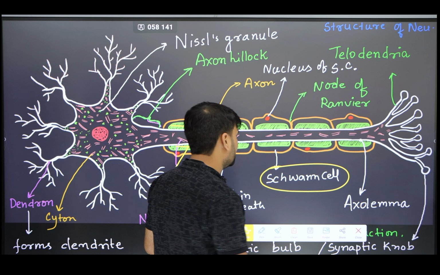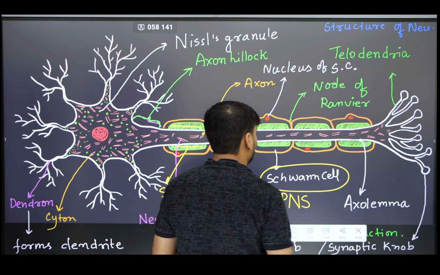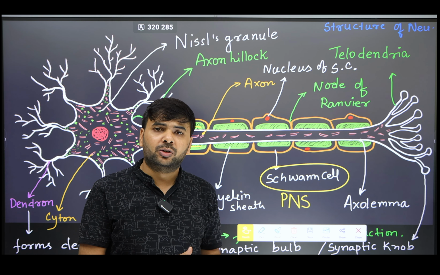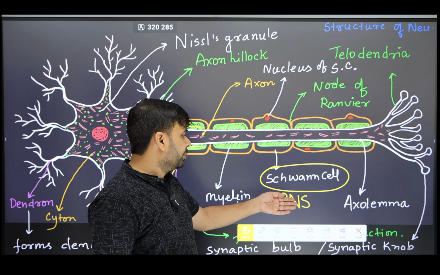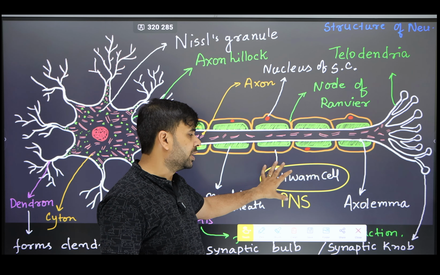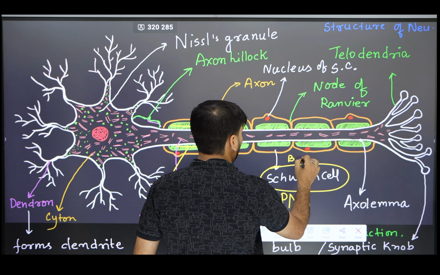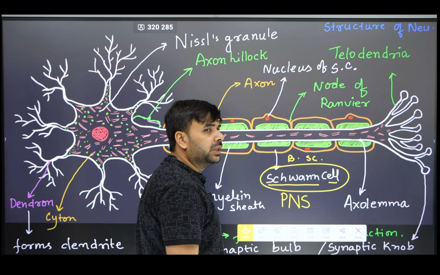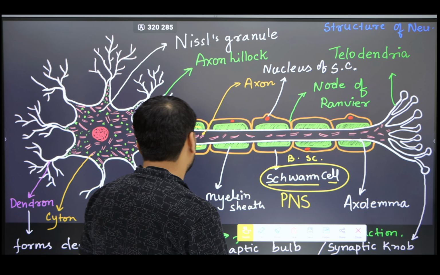If we are discussing the peripheral nervous system, spinal nerves and cranial nerves, then it will be Schwann cells. If we are discussing the brain and spinal cord neurons, then it will be oligodendrocytes.